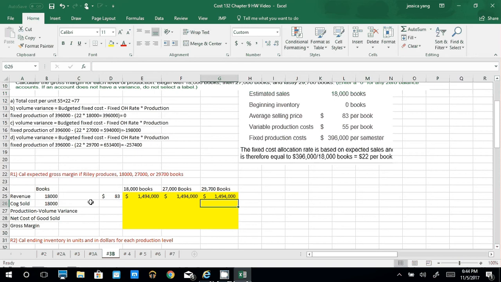Under the cost of goods sold, we need the $55 variable production cost and also the $22 per book fixed cost allocated rate.